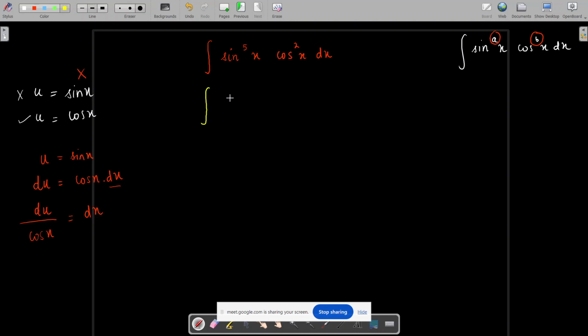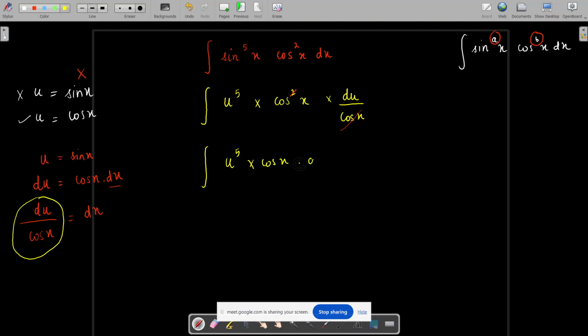This becomes u to the power 5 times cosine square x, and dx is du over cosine of x. One cosine x is going to cancel, so we get u to the power 5 times cosine of x.